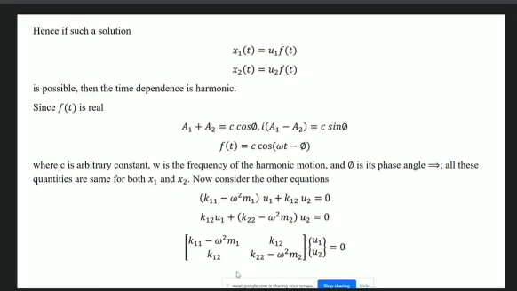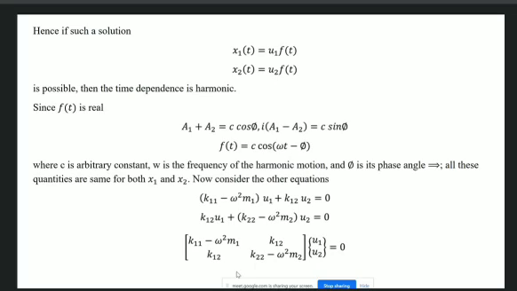So if we use Cramer's rule, can you tell me what will be the condition for infinitely many solutions?